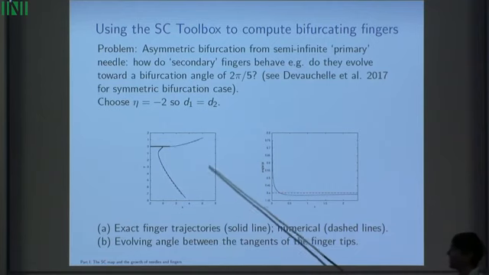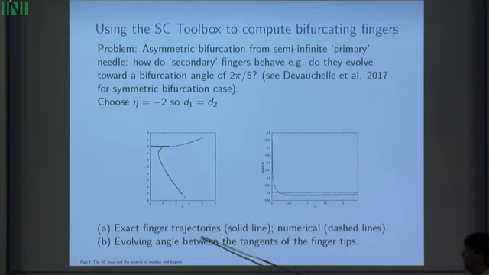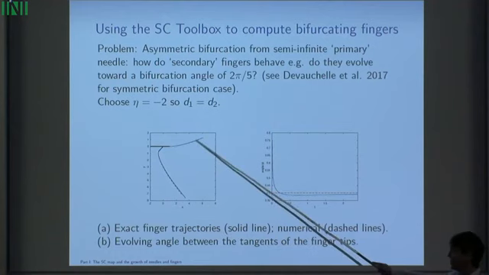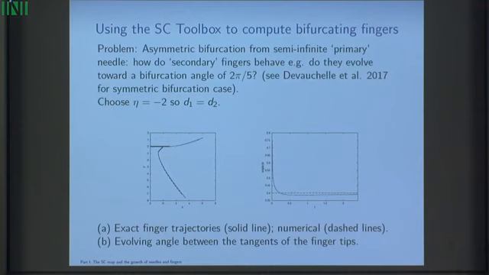And it turns out you can apply the method that I just talked about to compute the trajectories. In fact, you can do this analytically if the speeds are constant. That is, we choose our screening parameter eta so the d's in Loewner's equation are constants. You just get this solution by conformal mapping, though the conformal mapping you need to do numerically.